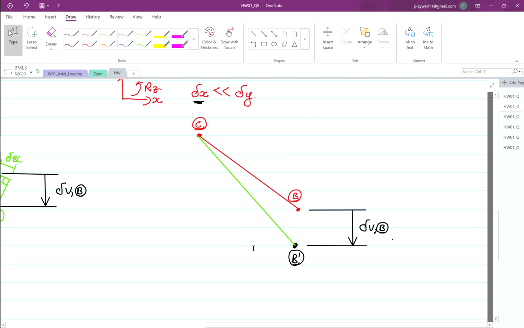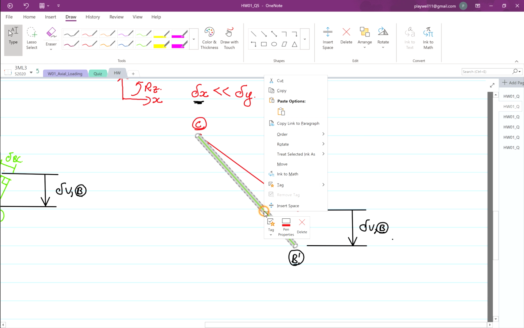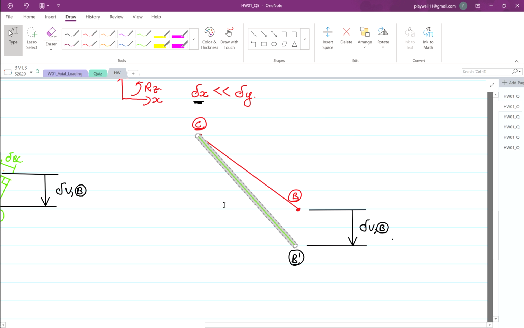Now if we are going to draw our deflection, this is exaggerated. I repeat, this is our deflection. Our deflection is this amount.